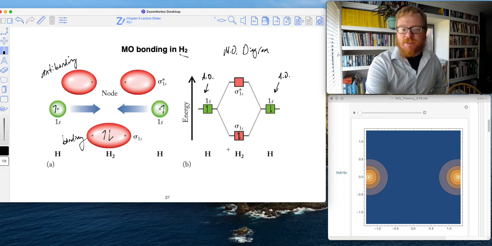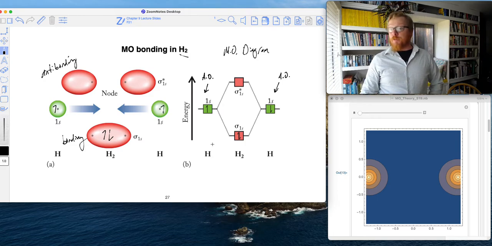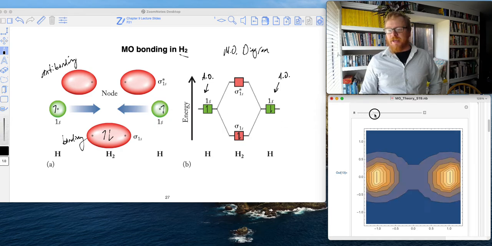We've talked about the sigma 1s bond before, the sigma bond in valence bond theory. Just to remind you, I've got my little Mathematica program that I wrote. I've got my two separated hydrogen atoms, as shown in this picture, and I can bring them closer and closer together.